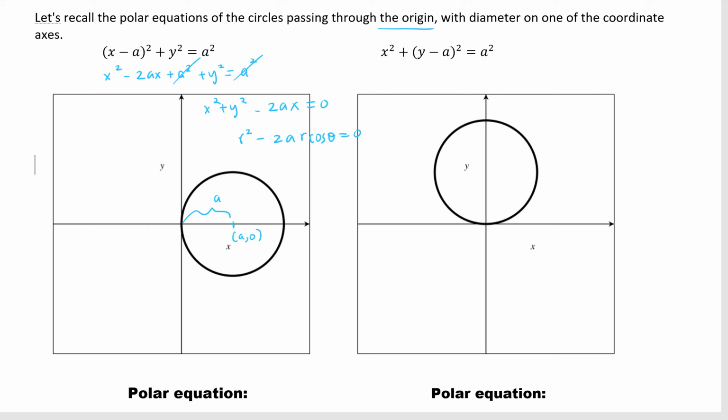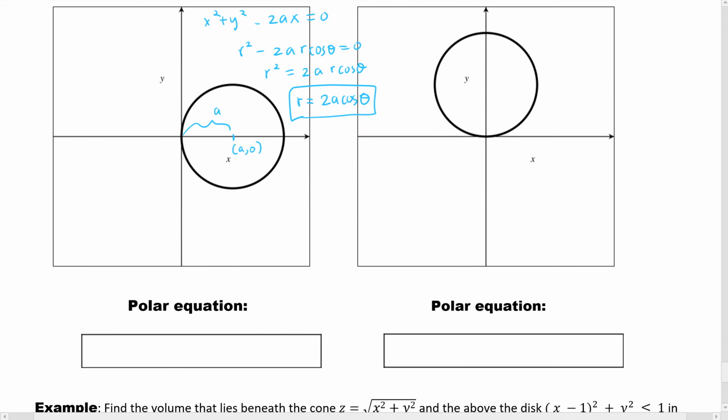So r squared equals 2a r cosine theta, and so r equals 2a cosine theta. This solution already includes the solution when r equals 0, because when theta equals pi over 2, r is 0. So the polar equation is r equals 2a cosine theta.